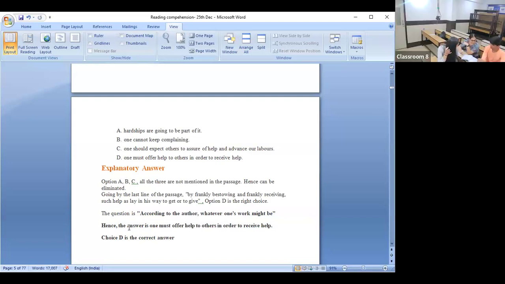ABC is not mentioned directly. First one, the hardships are already a part of it can be inferred, but it is not mentioned. One cannot keep complaining is not mentioned. Should expect others to assure of health and advance labels can be inferred from the participant, yes, that is also inferred, not directly mentioned. And don't bring your own thought process. This is from the first paragraph that everyone will have to contribute something or the other.